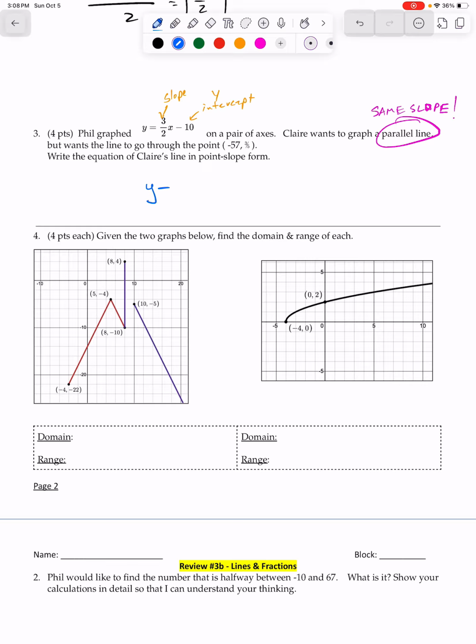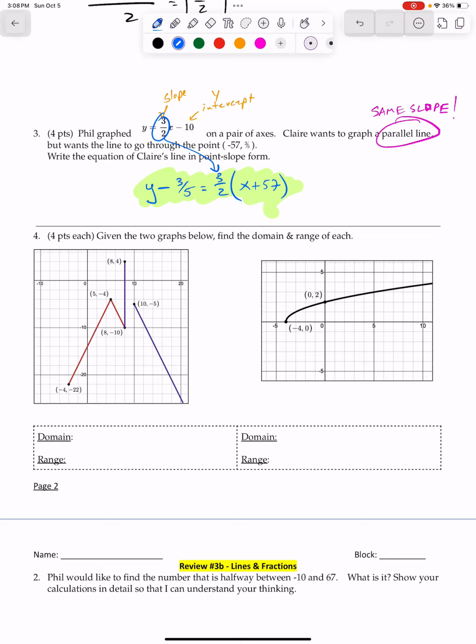So y minus 3/5 equals, and I'm going to use that slope, 3/2, right, times x plus 57. And that is the world's easiest answer.